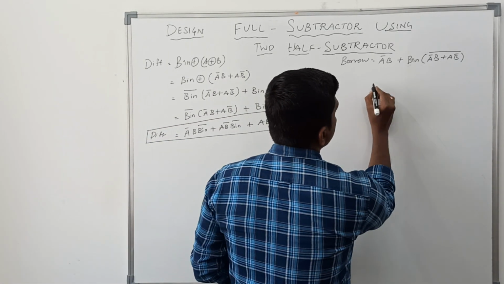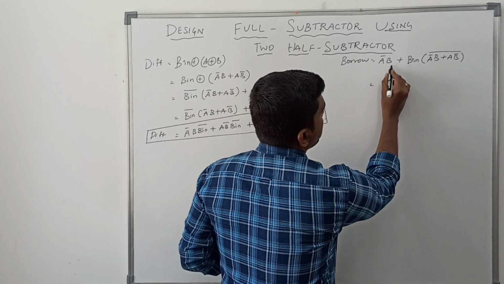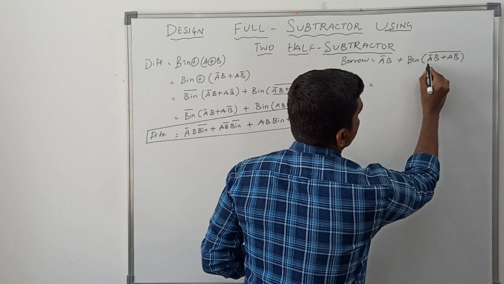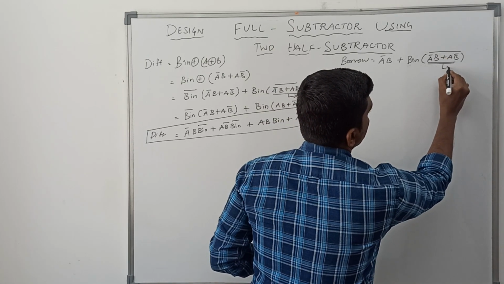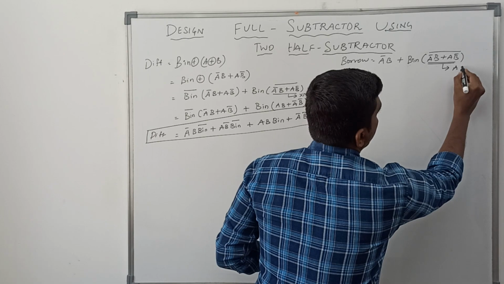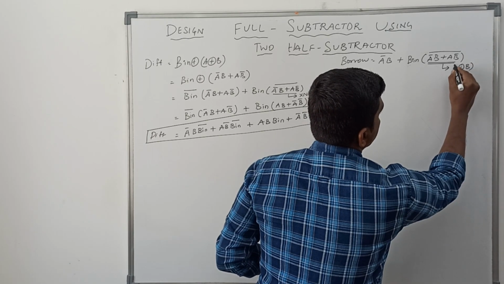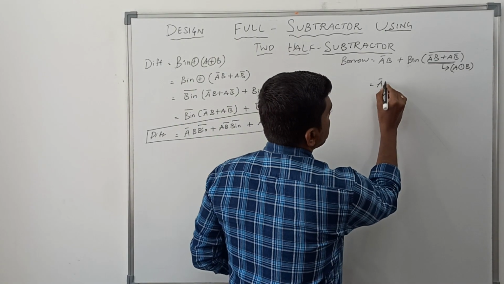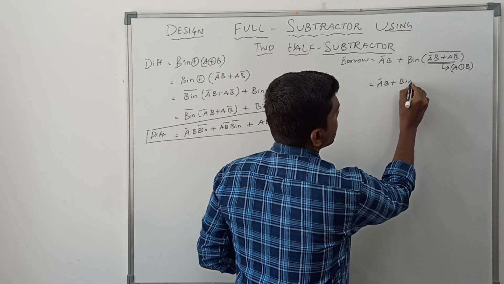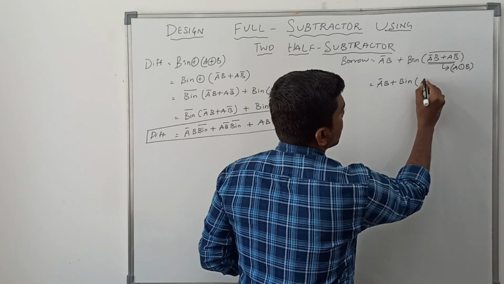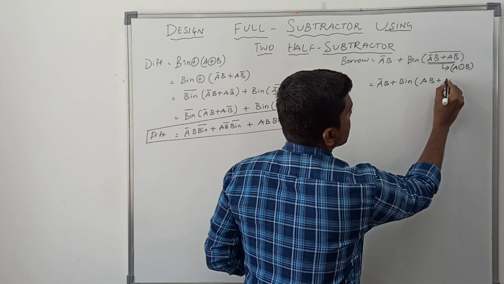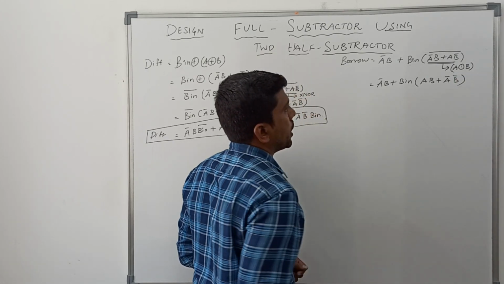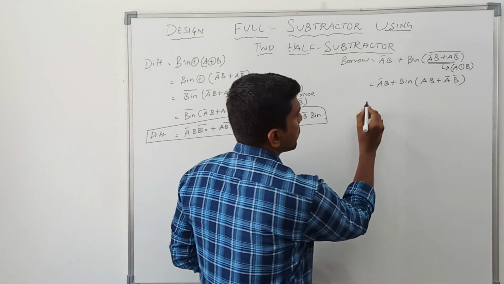Then come to borrow. A bar B plus B in (A bar B plus A B bar whole bar). This expression looks like A XNOR B, so A bar B plus B in, and I abbreviate this expression as A B plus A bar B bar.